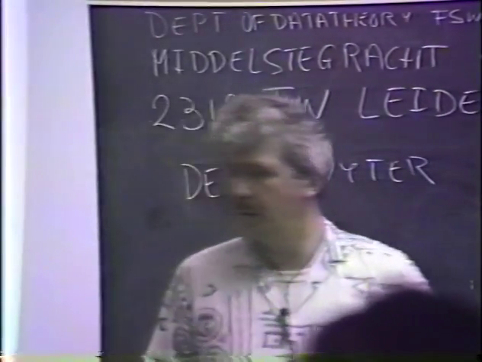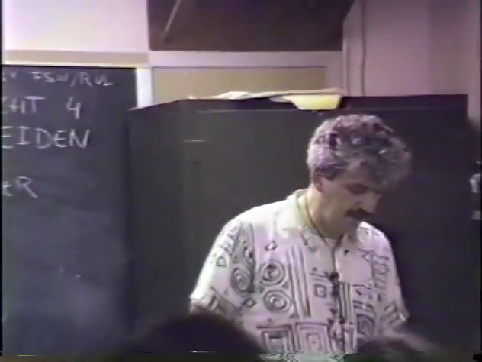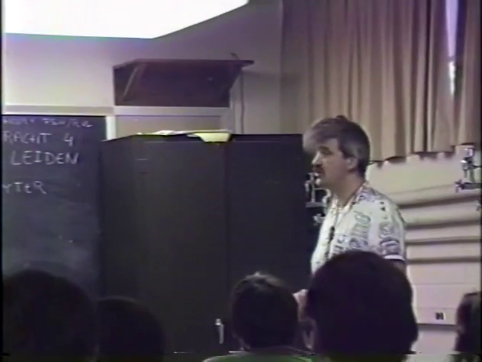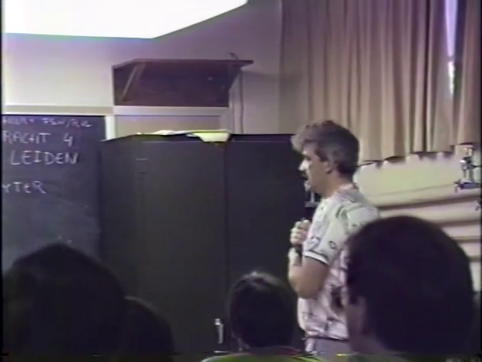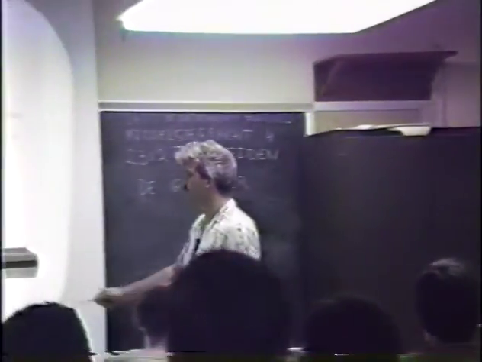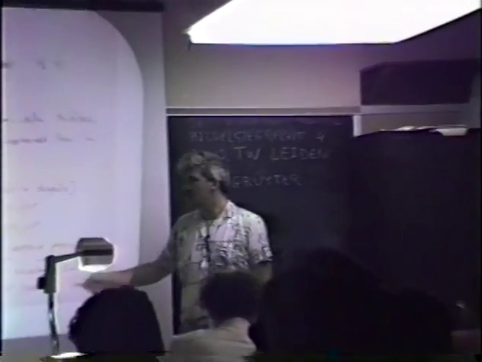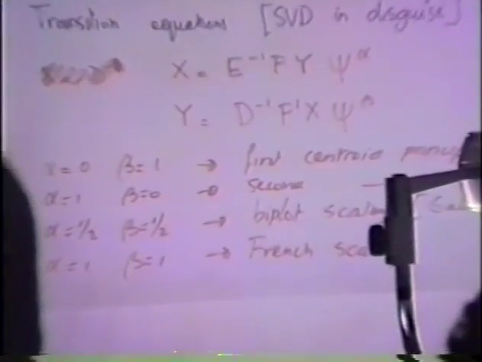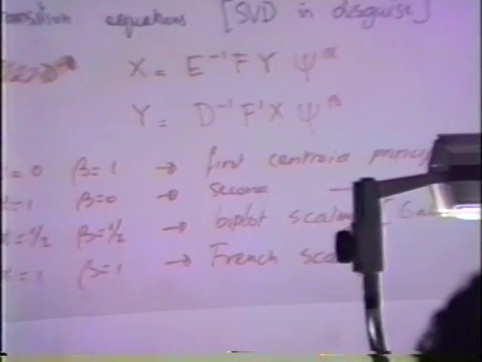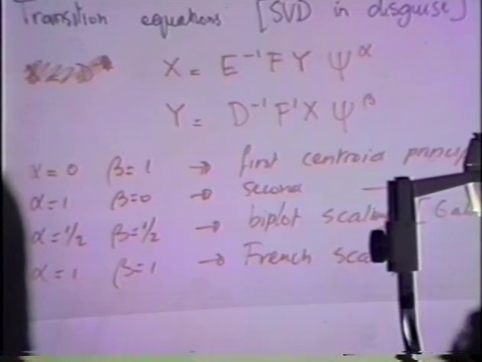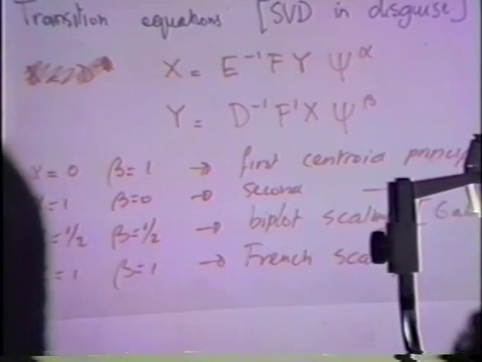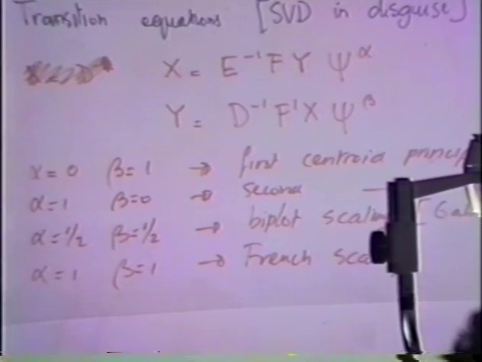And if you use both alpha and beta equal to 1, then you have what I call here the French scaling. This is what most of the French do. And unfortunately, in the French scaling, you have none of the two centroid principles. You also do not have the inner product relationships familiar from biplot. The only thing you have is approximation of the chi-square distances between rows and approximation of the chi-square distances between columns, but there's no relationship between row elements and column elements.